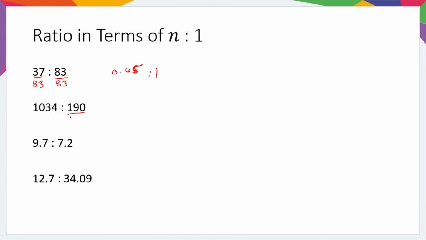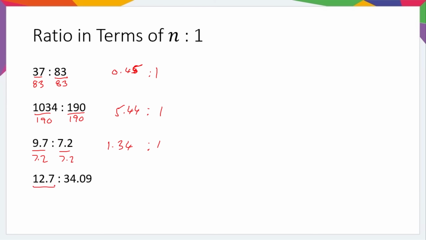So again, we're dividing both numbers in the second example by 190. That will give me the 1 on the right hand side. 1034 divided by 190 is approximately 5.44. On this example, we're dividing both numbers by 7.2. 7.2 divided by 7.2 gives me the 1 that we're after, and 9.7 divided by 7.2 is 1.34.